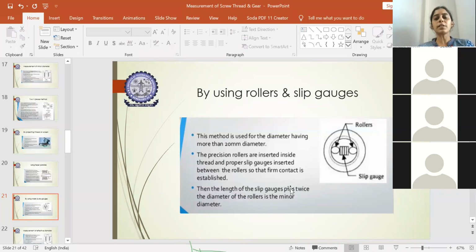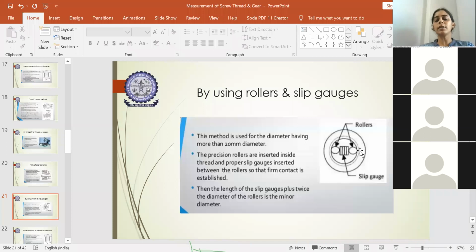Then the length of the slip gauges plus twice the diameter of the roller will help you determine the minor diameter of the screw thread. This is possible only for diameters of more than 20 mm, not less than 20 mm. So you use two rollers and the slip gauges.